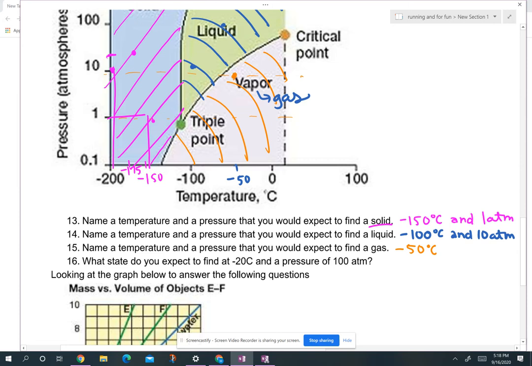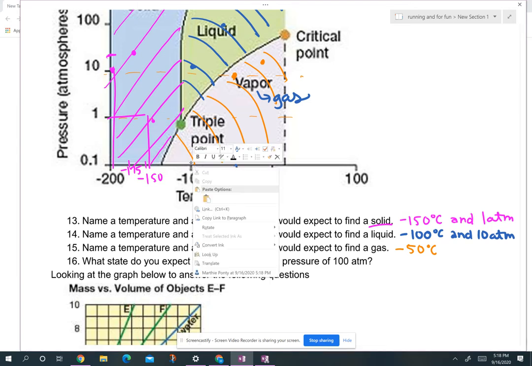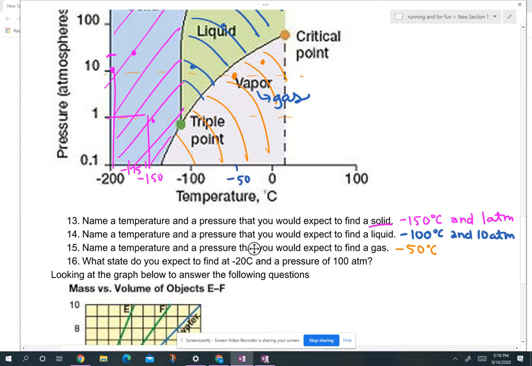I can say 0 and 10, that's another point in which it would be a gas. I can also say negative 100 and maybe 0.2 or 0.3, so I'd be right over it. Those are all reasonable points. I'm going to say negative 50 and 0.5 as a point that I can find.